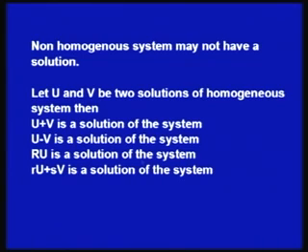Similarly, if u is a solution of the system, then a constant r times u is also a solution of the system. Not only this, but a linear combination of u and v is also a solution of the system, that is r times u plus s times v is a solution of the homogeneous system. These properties are not true for a non-homogeneous system, but they are true for a homogeneous system.